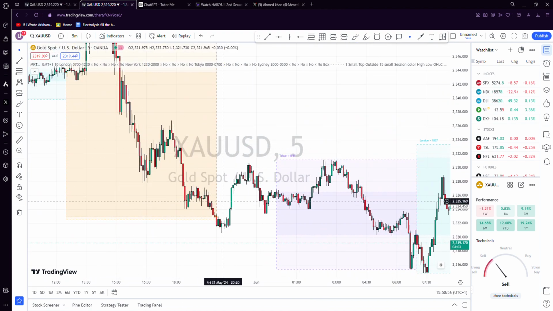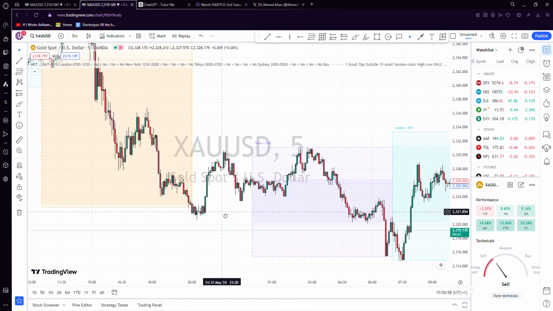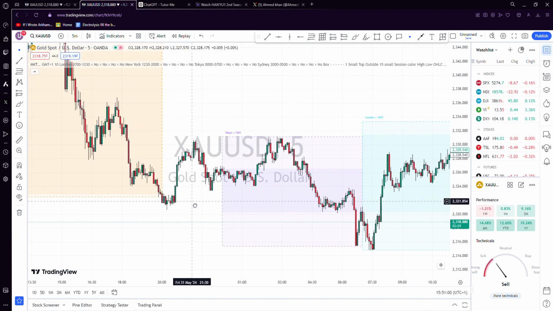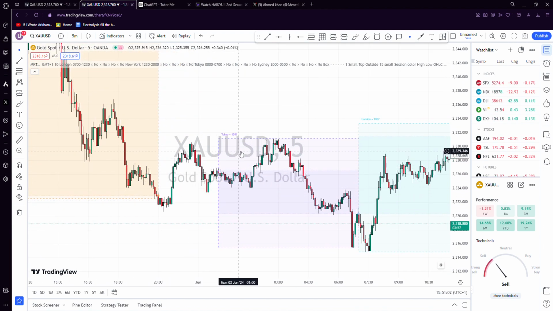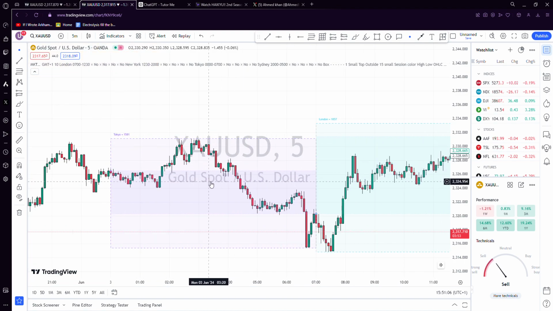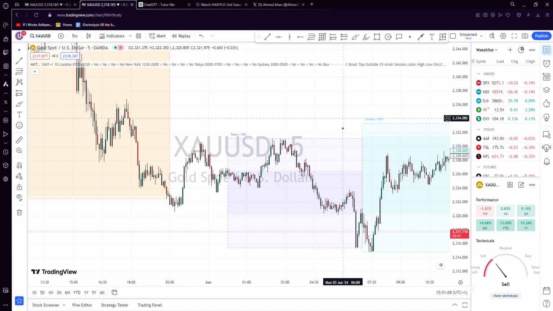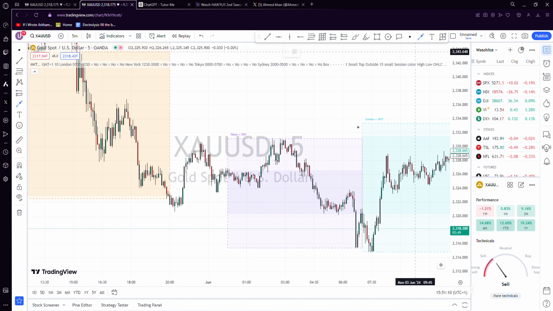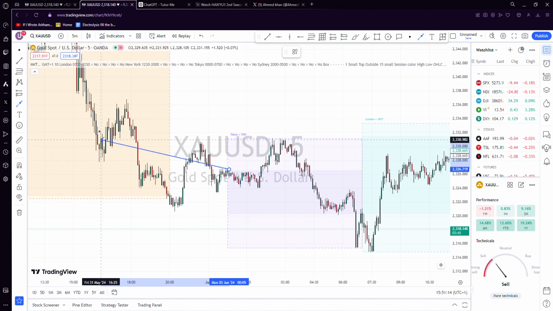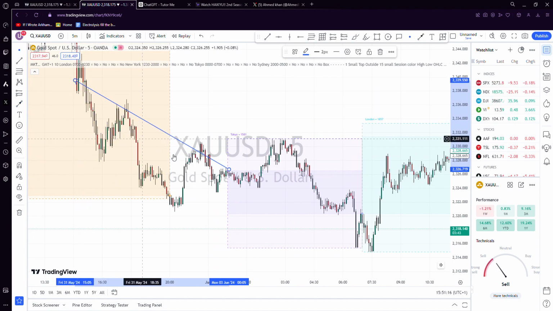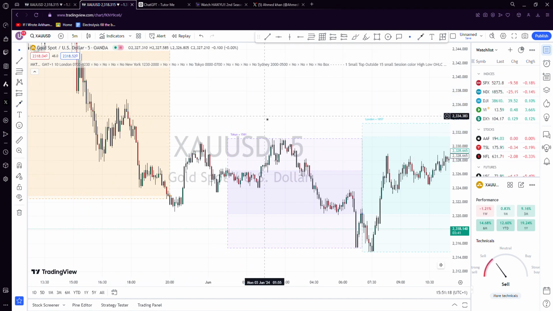Price is bearish in New York Friday, and then this is your Monday, well, Tokyo, the first session of the Monday week. So from here, if you go back and follow the market, and we draw our structures, yeah?